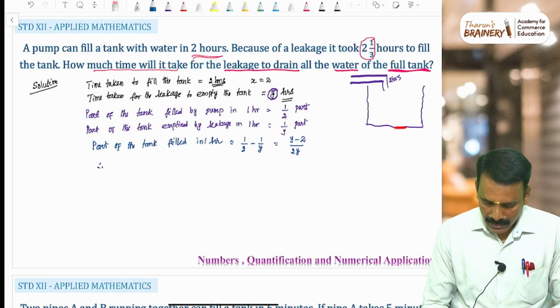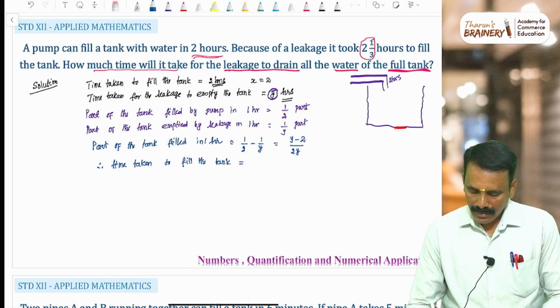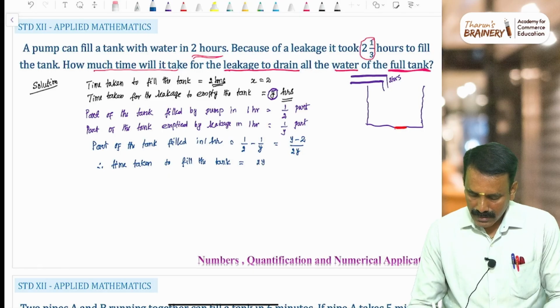Therefore, time taken to fill the tank is equal to, we have to take the reciprocal. It is 2y divided by y minus 2.